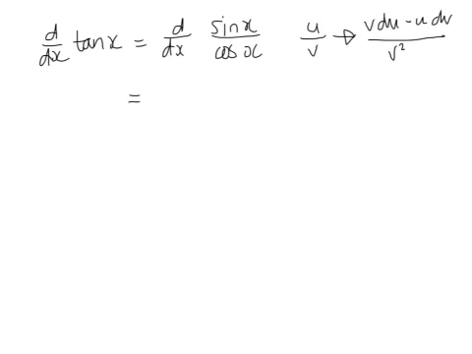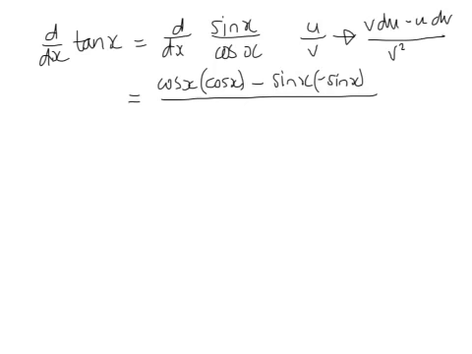So in this case our u is sine x and our v is cos x. So the derivative is going to be cos x times the derivative of sine x, which is cos x, minus sine x times the derivative of cos x, which is minus sine x, because it starts with a c, and all divided by the bottom, v squared, cos squared x.